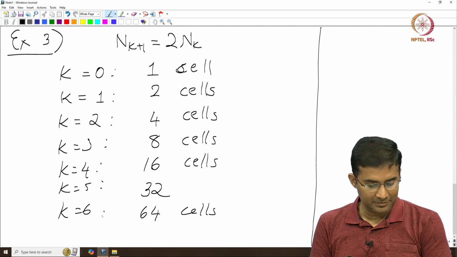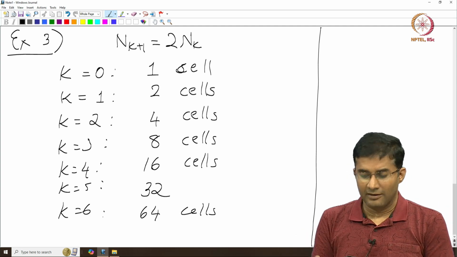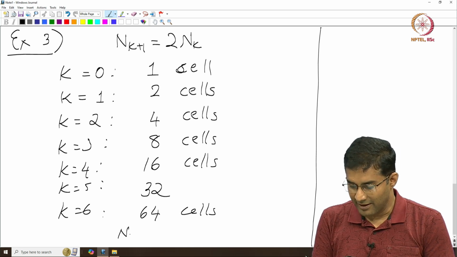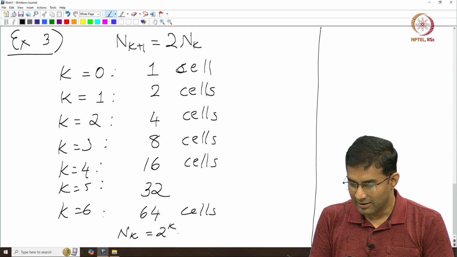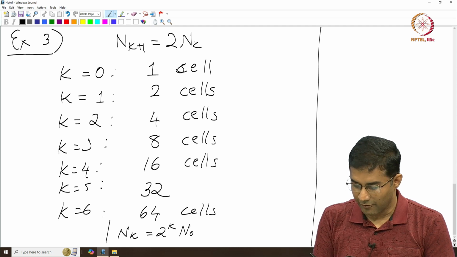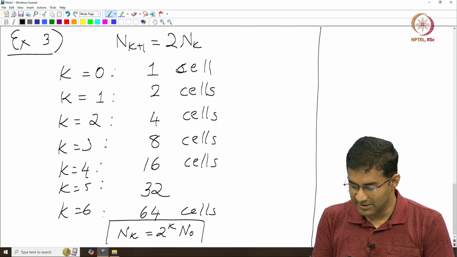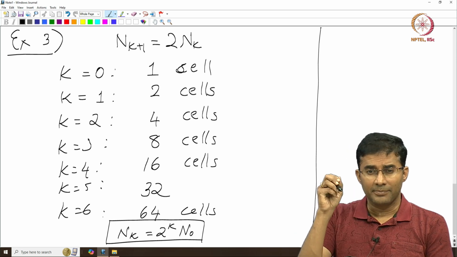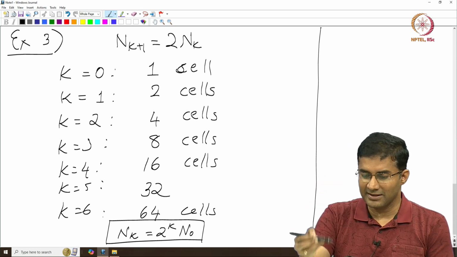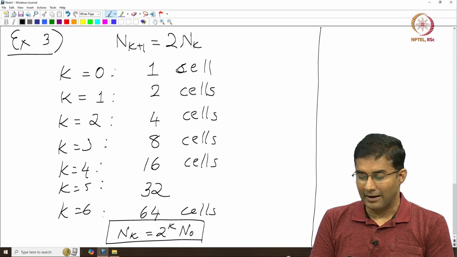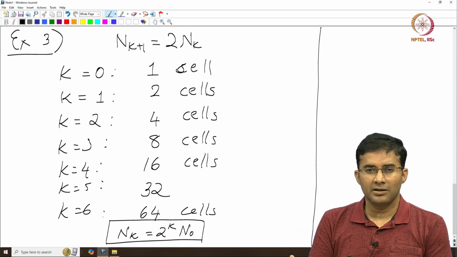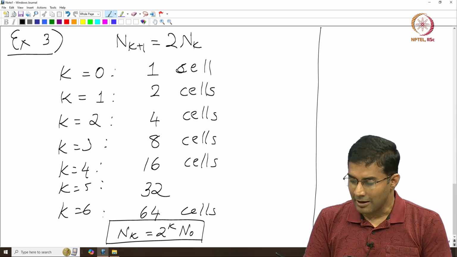And in general, we can write the formula as nk is equal to 2 power k times n0, where n0 was the number of cells at the beginning of the experiment. In this case, n0 was 1, and nk is the number of cells in the kth generation.